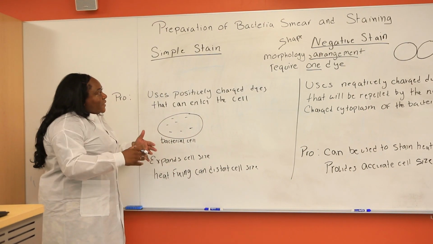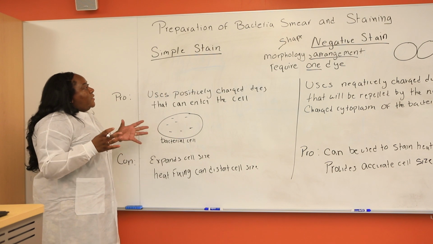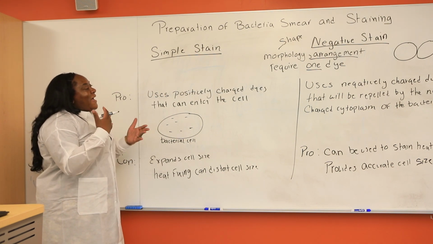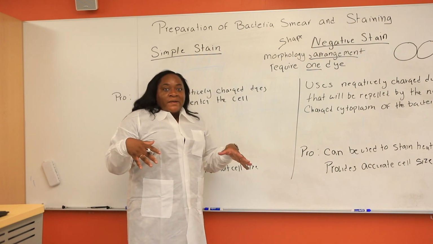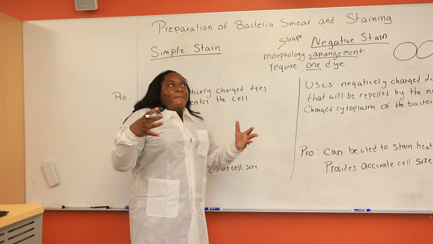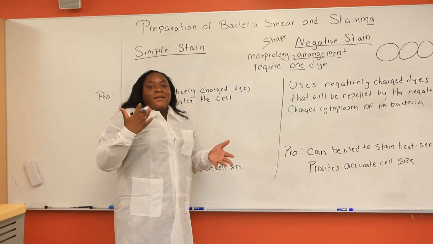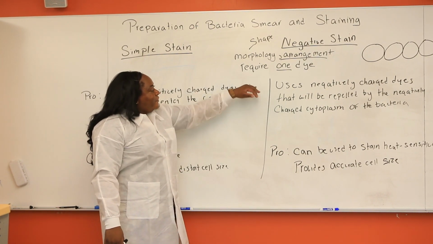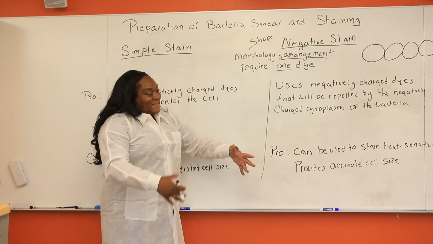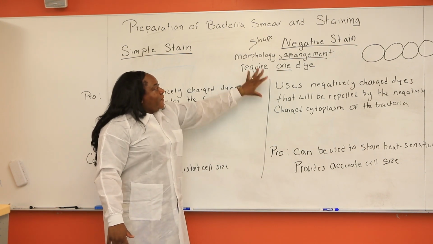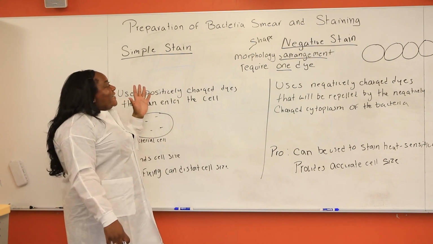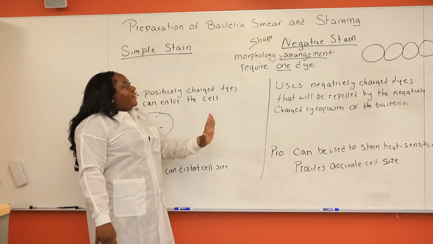So what I want to do now is, whenever I go over a simple stain and negative stain, I like to do a side-by-side comparison. So let's first talk about what makes the two stains similar, and then let's talk about what makes them different, okay? I have this portion of, let's say it's a table, divided, but this portion is open to show you what's similar, right? What is similar between a simple stain and a negative stain?